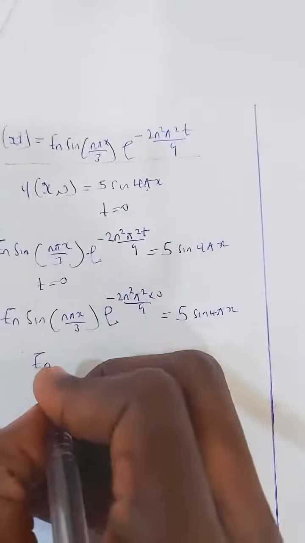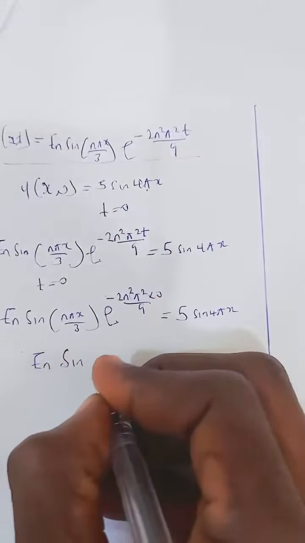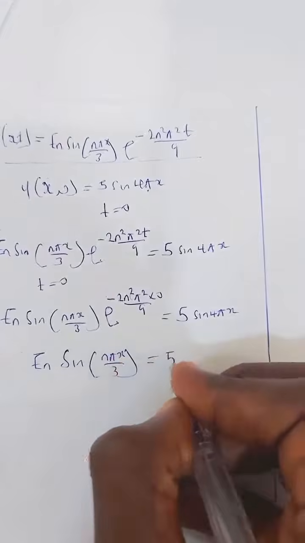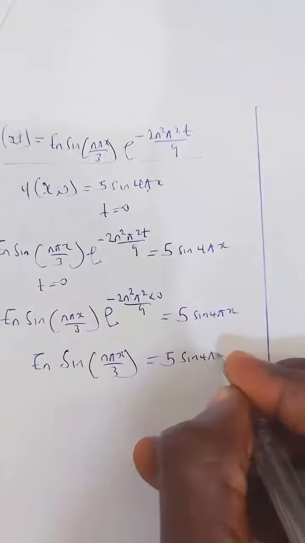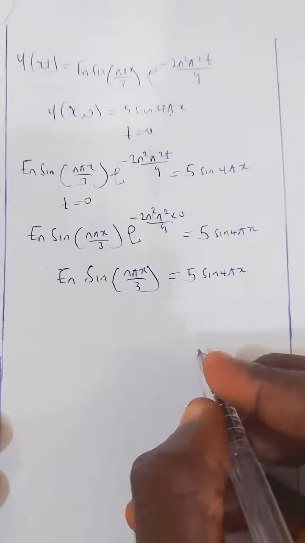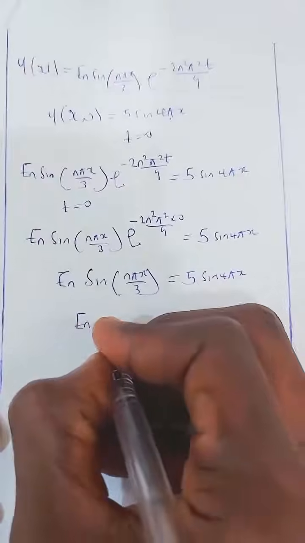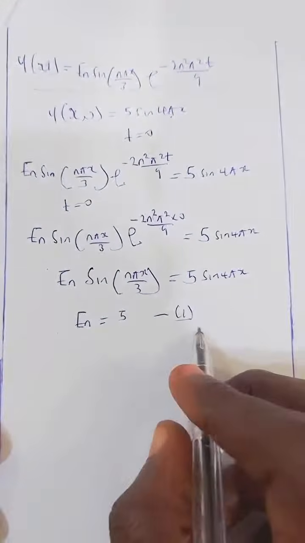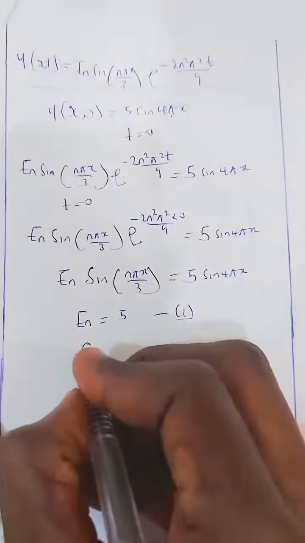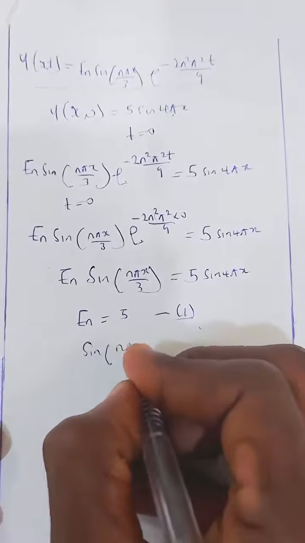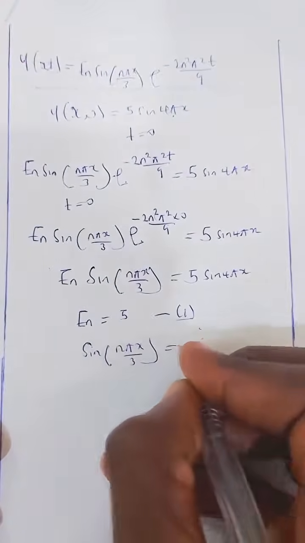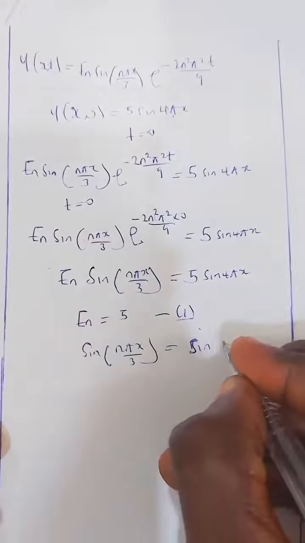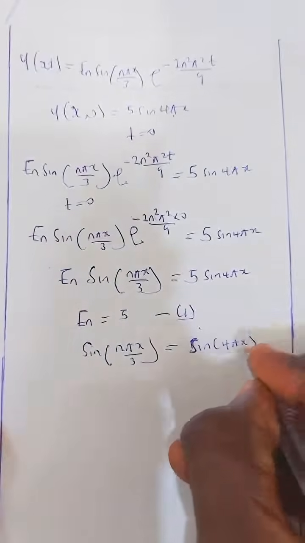So I have e subscript n sine all into bracket n pi x over 3 equating to 5 sine 4 pi x. Now doing comparison, e subscript n equals 5, say equation 1. Also from this, I have sine all into bracket n pi x over 3 equals sine all into bracket 4 pi x.